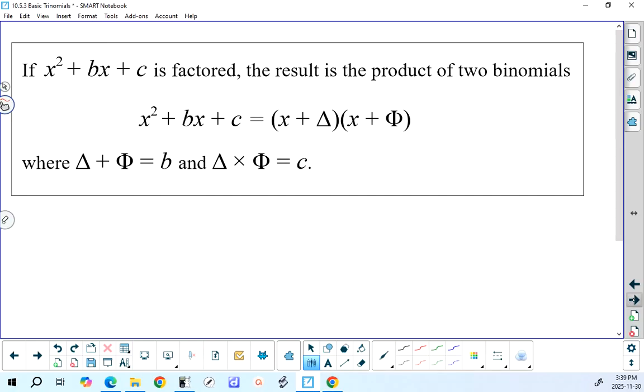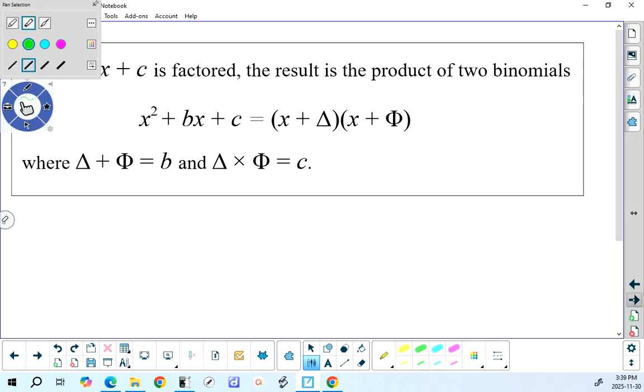So what have we learned? If you have x squared plus bx plus c and you factor it, I want to just go through some terminology here. There are two forms to this. This is called the expanded form.